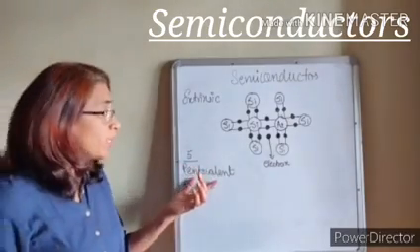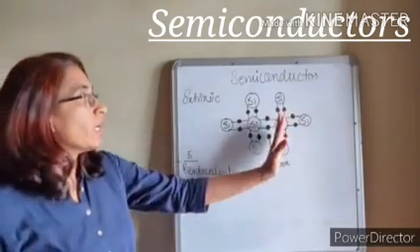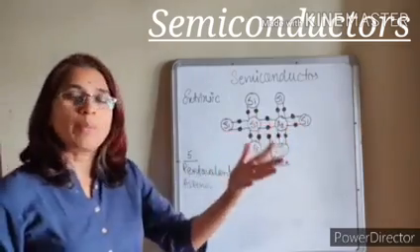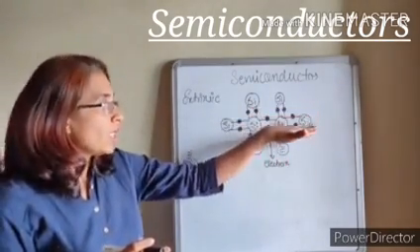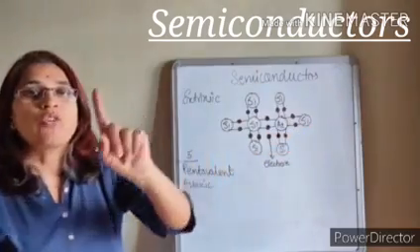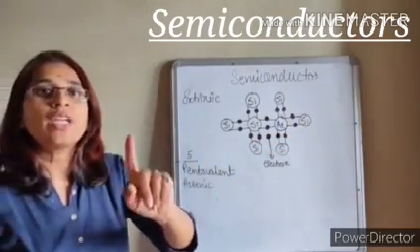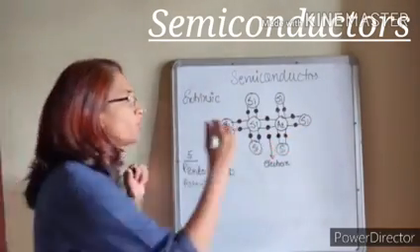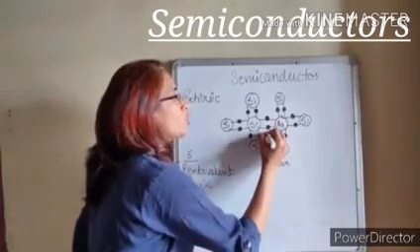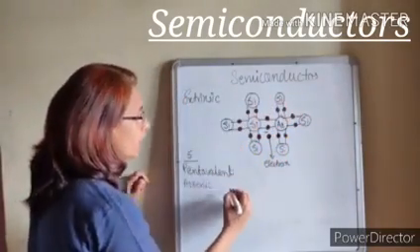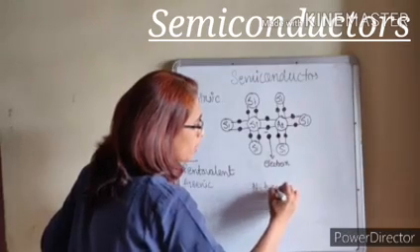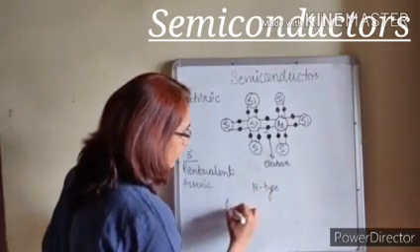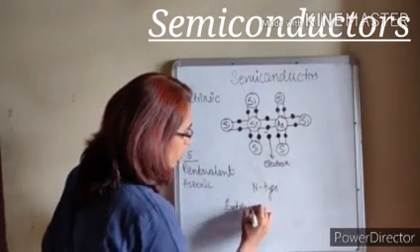Because of adding pentavalent impurity, the octet of arsenic is completed by sharing 4 electrons of silicon, and 1 electron remains free. Now this free electron, as we know that electron is of negative charge, the formed crystal is N type of semiconductor, N type of extrinsic semiconductor.